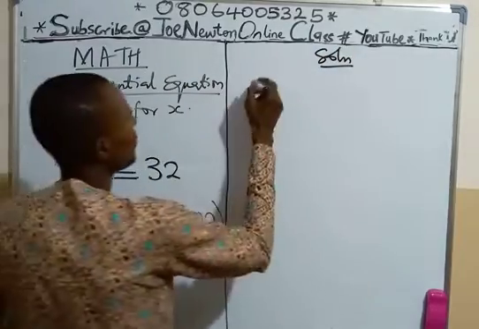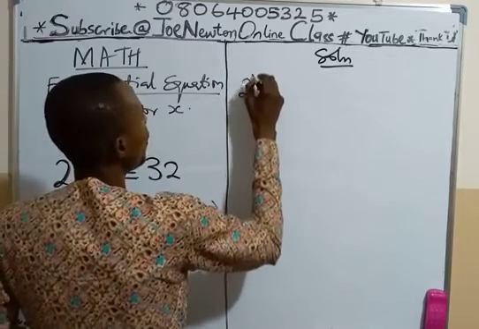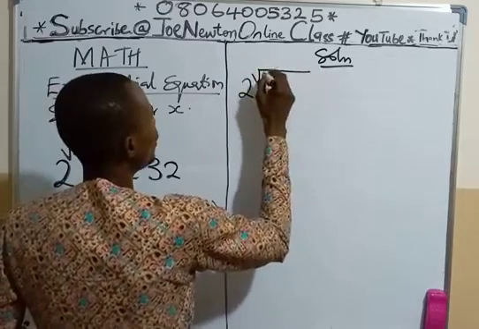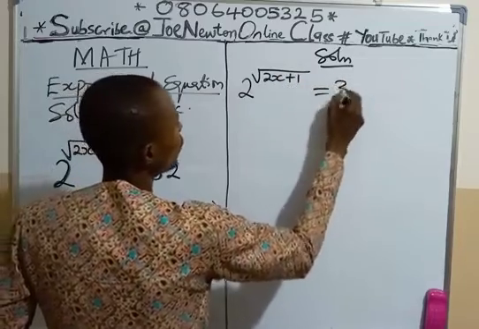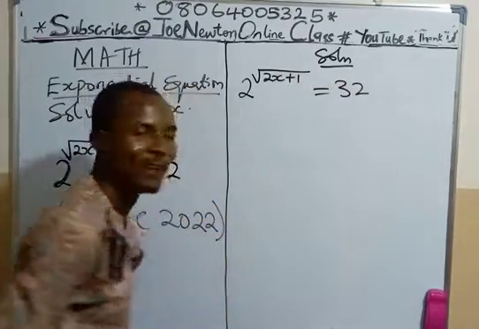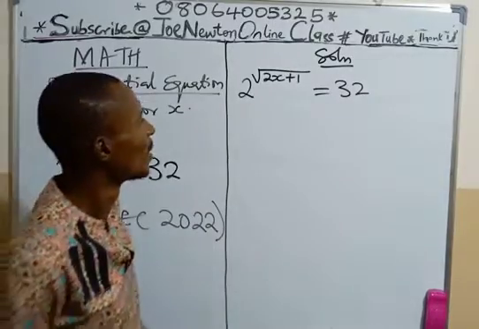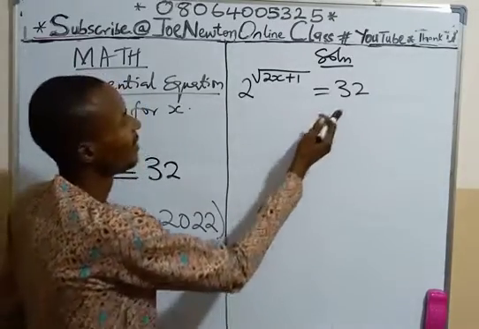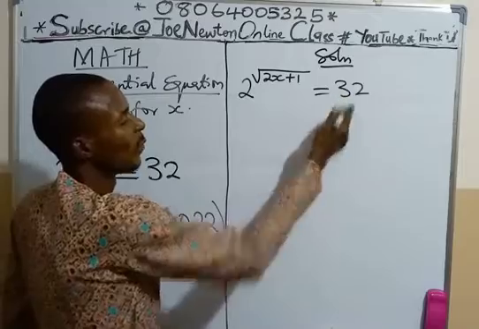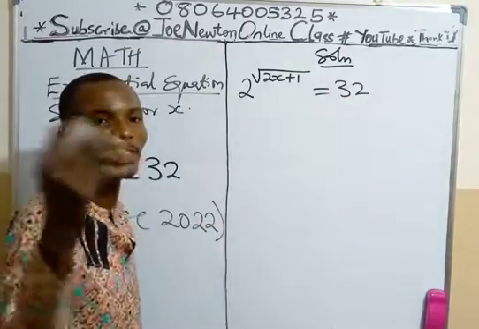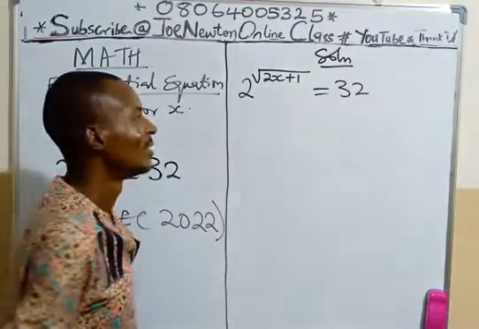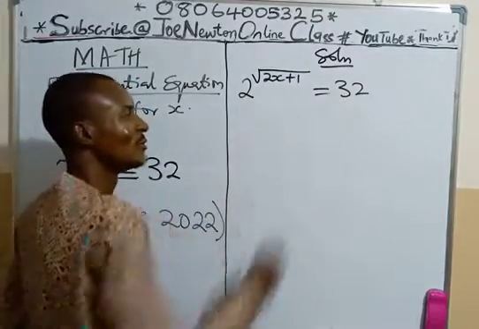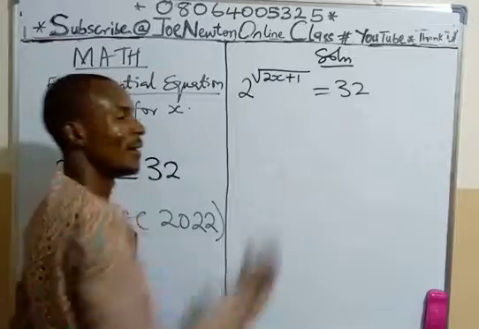Look at this. We have 2 raised to the power square root of 2x plus 1 is equal to 32. Now, the first thing we do is this. We look at this 32, we treat it to the exponential form, such that it will have a base of 2 to a certain power.